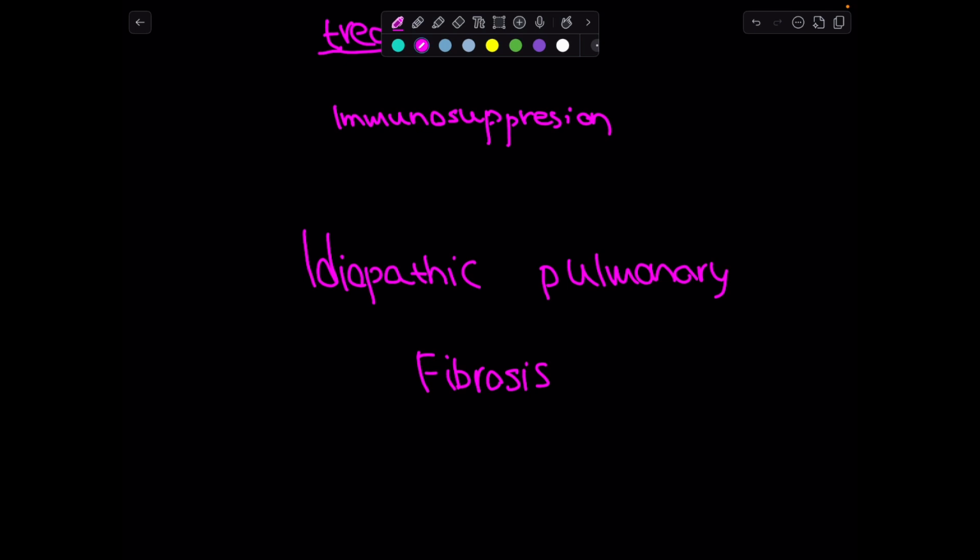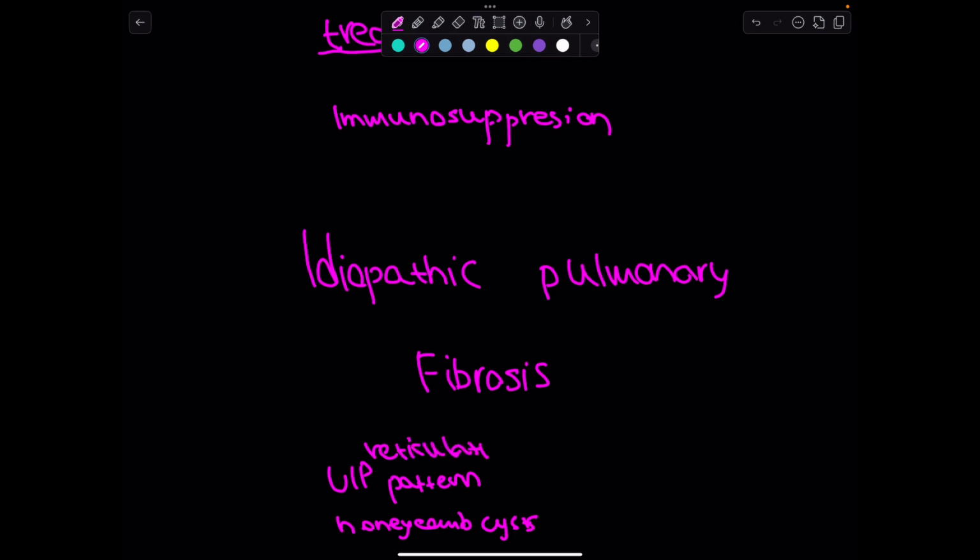Idiopathic pulmonary fibrosis, IPF, is a progressive interstitial lung disease, ILD, with a usual interstitial pneumonitis, UIP pattern, characterized by patchy fibrosis, reticulations, and honeycomb cysts on CT, primarily affecting the lung interstitium's intralobular septa, causing symptoms like progressive dyspnea and dry cough, distinct from ischemic heart disease.